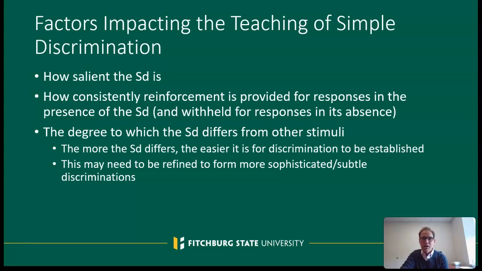Whereas something like a car is an awful lot closer to a truck than those other things are. So in the early going, if a truck is our SD and a car is our distractor stimulus, that's going to make it more difficult for that discrimination to be established. That being said, we're going to want to refine that discrimination for that learner down the road. We're going to want them to be able to differentiate between a car and a truck. We just might not want to start there.